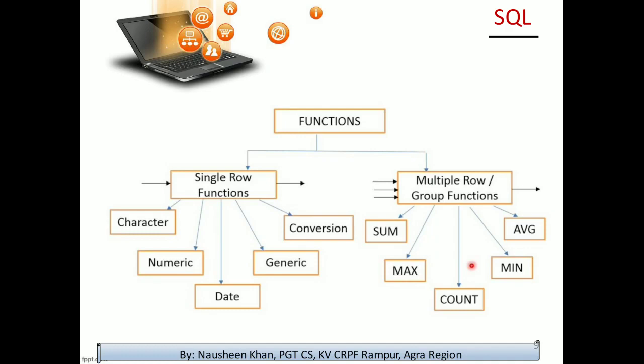The examples of single row functions are character, numeric, date, generic and conversion functions. The examples of multiple row or group functions are sum, max, count, min, average.